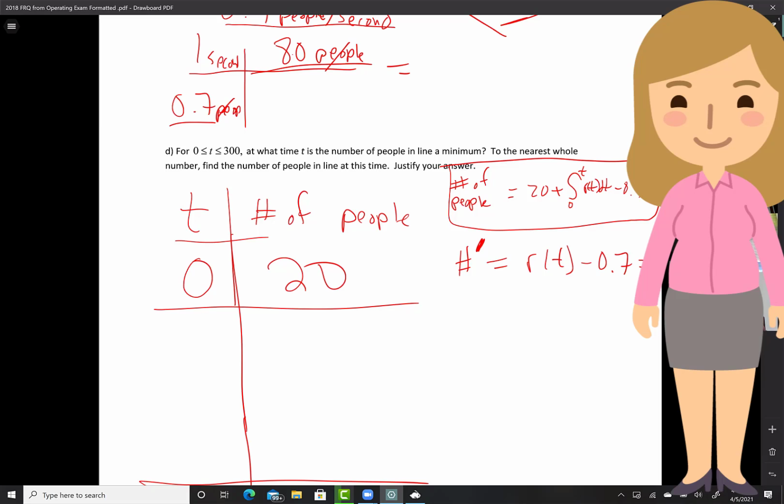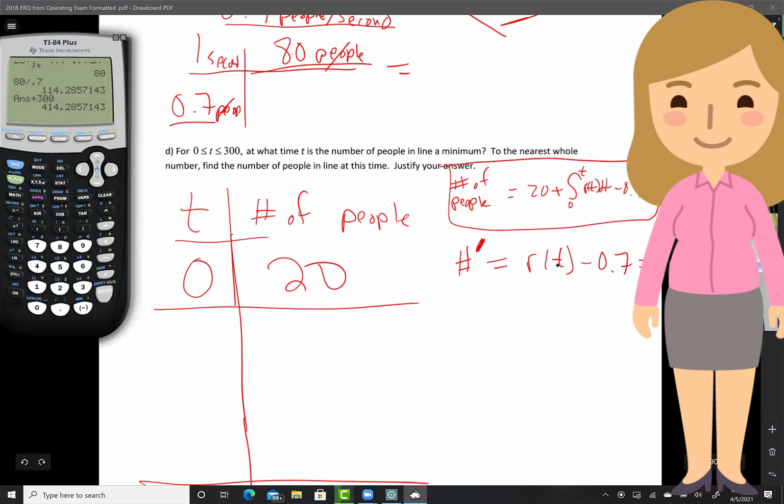So here we go. I'm going to take my calculator. So here's my calculator. And I already have R of t in Y1. So I'm going to turn off Y1. I'm going to go to Y2. And I'm going to go alpha trace Y1. I'm going to go minus, and I'm going to leave Y1 alone because I might need it in a little bit, right? Minus 0.7.